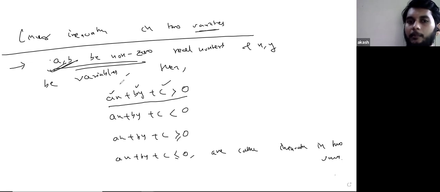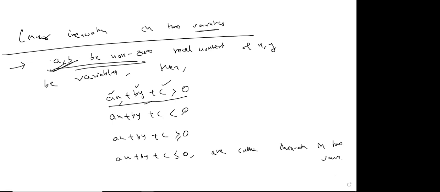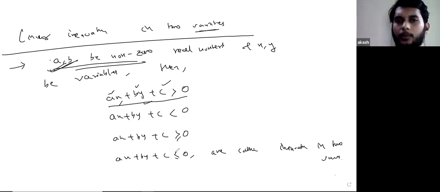We don't care about c, but a and b must be non-zero, because we need two variables. This thing is clear. Yes. Note it down. So this is the introduction part.